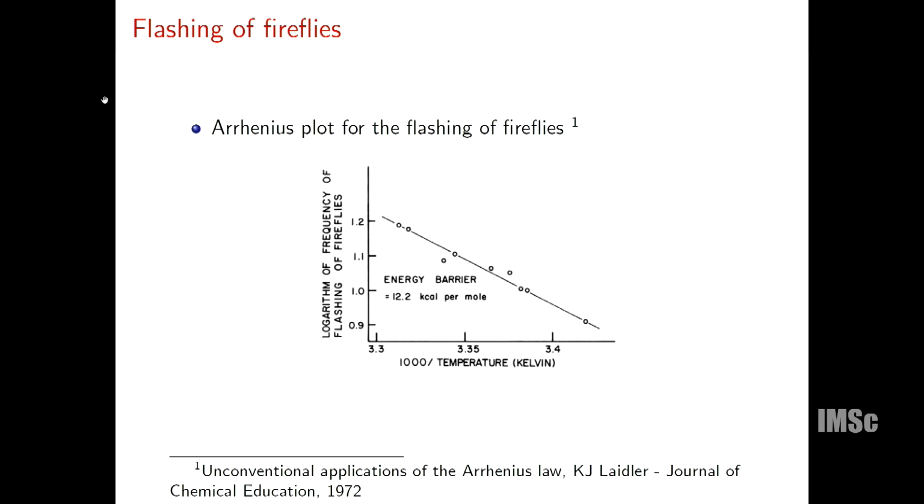Finally, let me talk about one unconventional application of the Arrhenius law. Arrhenius law means Kramers' escape rate formula. So K.J. Laidler, in his paper, showed that when you plot the logarithm of frequency of flashing of fireflies versus inverse of temperature, you get a straight line.